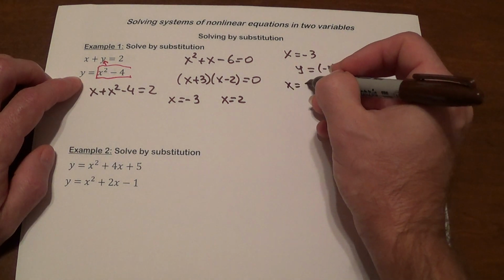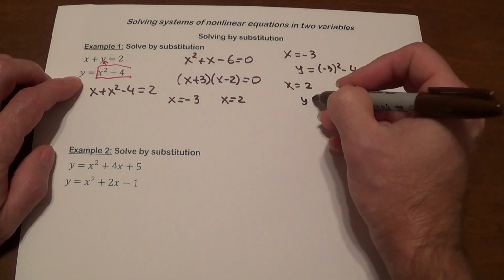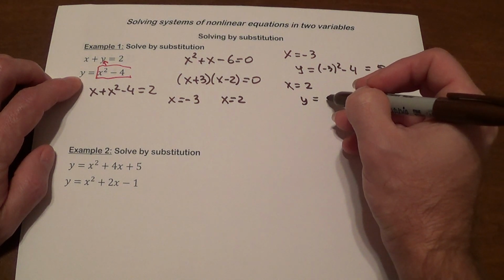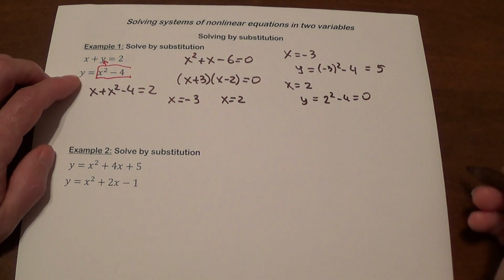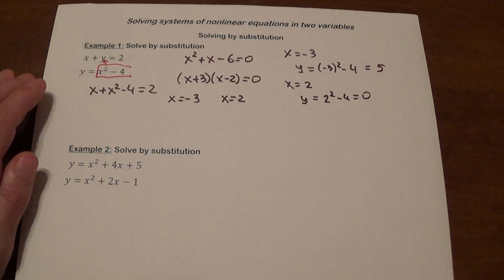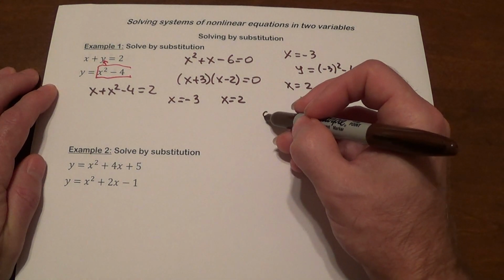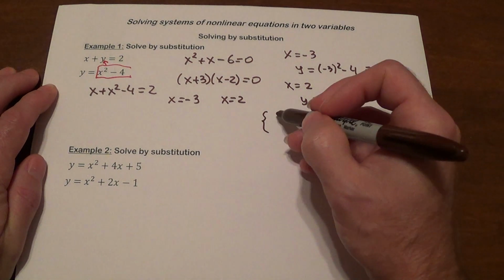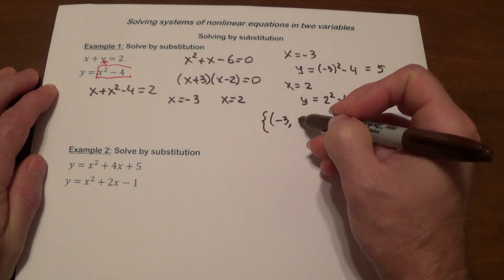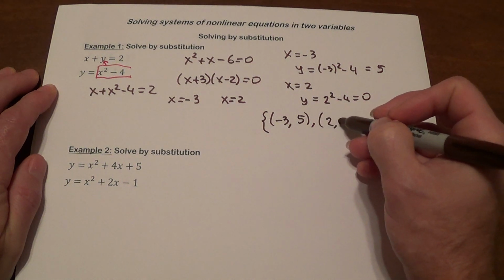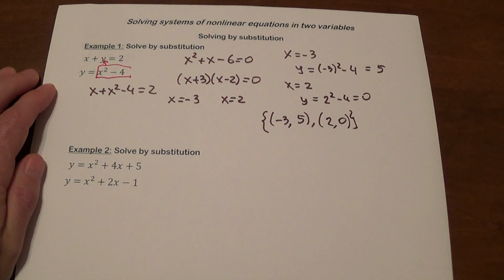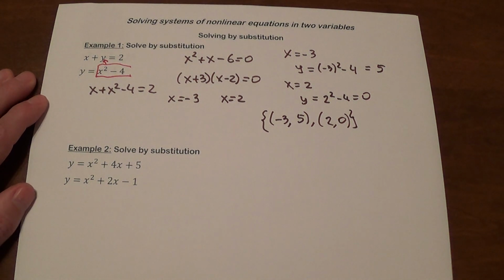When x equals 2, if you substitute it into this equation again, you're going to get 2 squared minus 4, which gives you 0. So we're going to get 2 points. The first one is negative 3, 5, and the second point is 2, 0. Okay, so we have two intersection points.